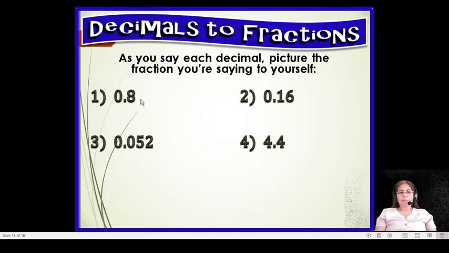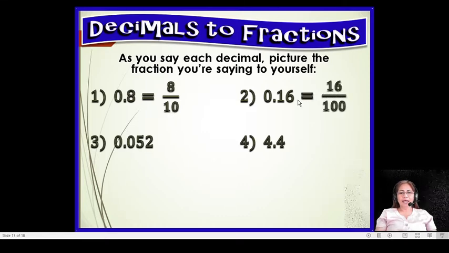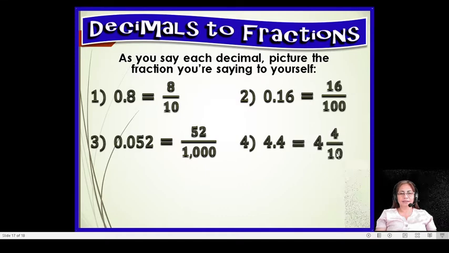So, as you say each decimal, picture the fraction you're saying to yourself. This is 8 tenths. So, it's over 10. This is 16 hundredths. And this is 52 thousandths. This is 4 and 4 tenths.